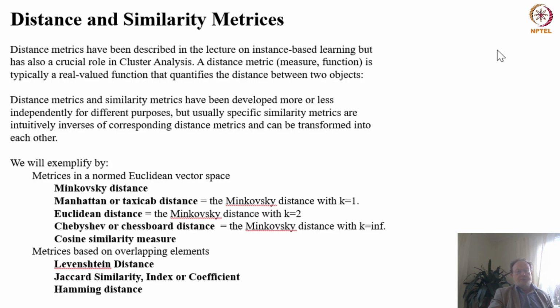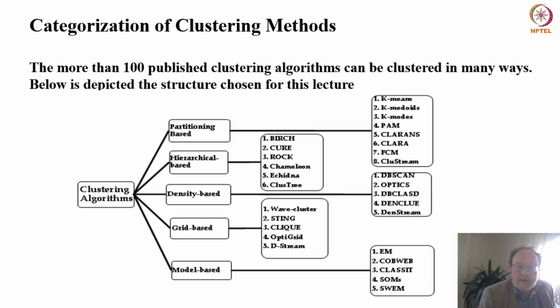But we can also have metrics that work on overlapping elements in other kinds of data representation, not necessarily feature vectors. So we have the Levenshtein distance for text, the Jaccard similarity for sets, and the Hamming distance for binary strings.